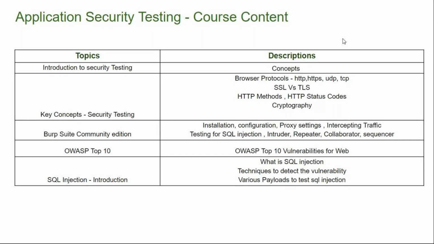All these are very important basics when it comes to your security testing. In fact, they are very basic concepts of the internet itself, right? But when it comes to security, those are very much related. So we'll get started with these concepts, probably today and some part of tomorrow.